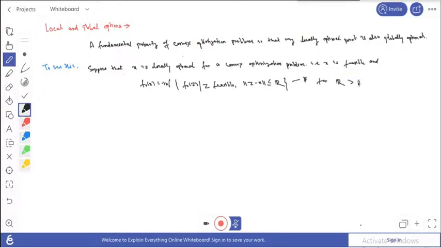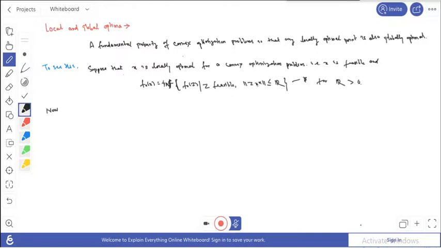Because our problem is a minimization problem, this is the infimum of f naught of z, where z is feasible and defined in a certain region, that is norm of z minus x is less or equals to r, where r is greater than 0. That is your feasible region.